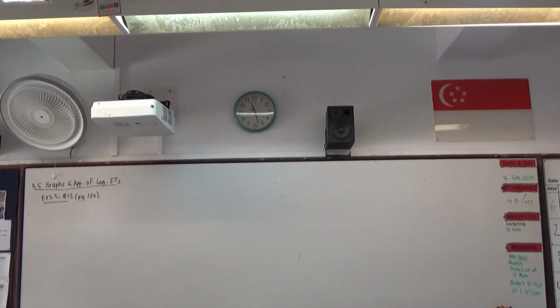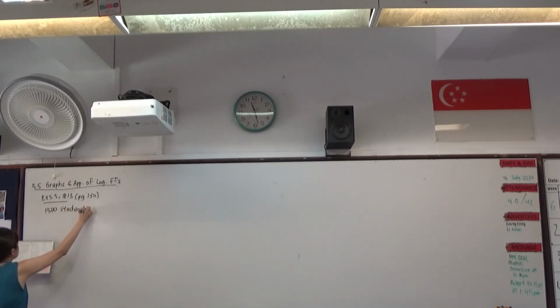Now, in this question, it says that a school with 1,500 students, one student returned from vacation with a contagious flu virus. The spread of the virus through the student body is given by a certain function. So, key things to note, there are 1,500 students at the beginning.